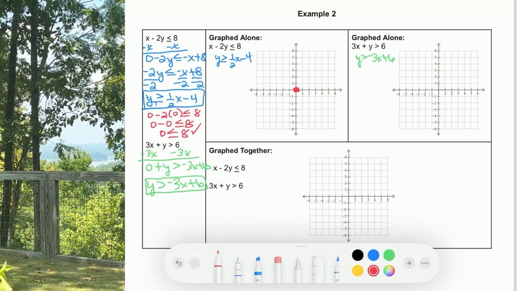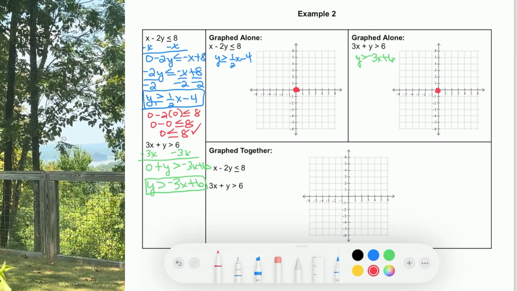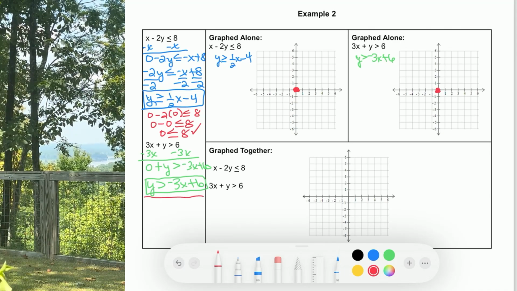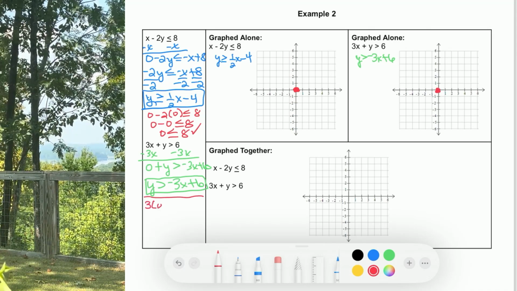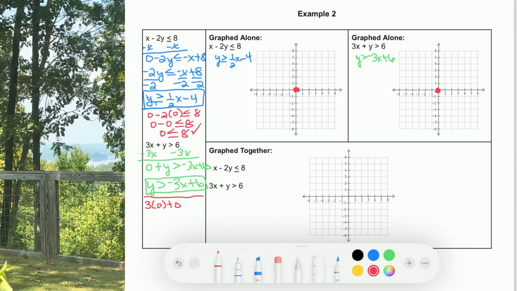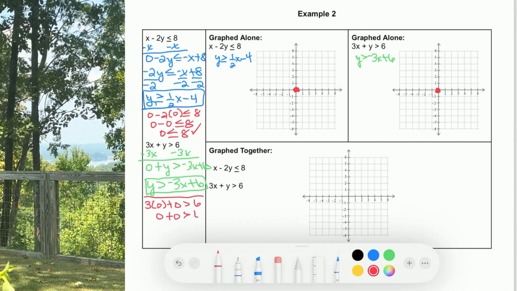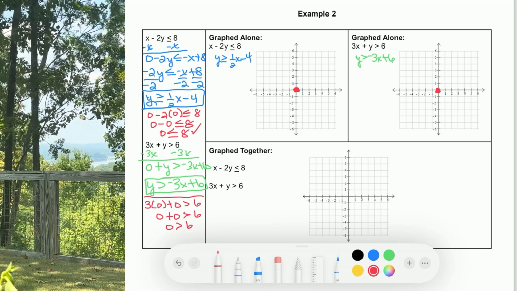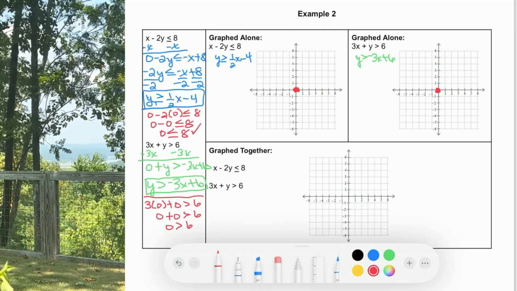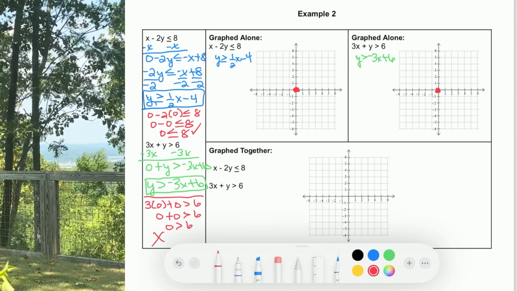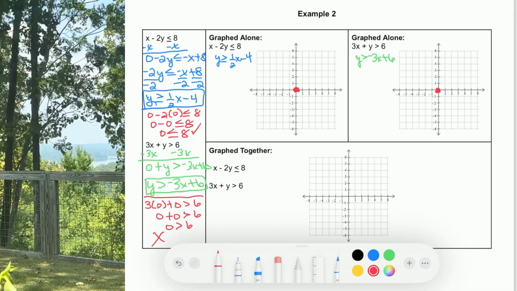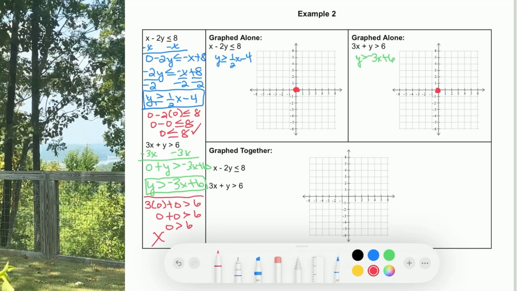Let's go ahead and figure out if we can use our origin here. So 3 times 0 plus 0 is greater than 6. That's 0 plus 0. Is 0 greater than 6? No, it's not. So we're not going to use that side of the line as our shading. It'll be the other side once we've plotted our line.